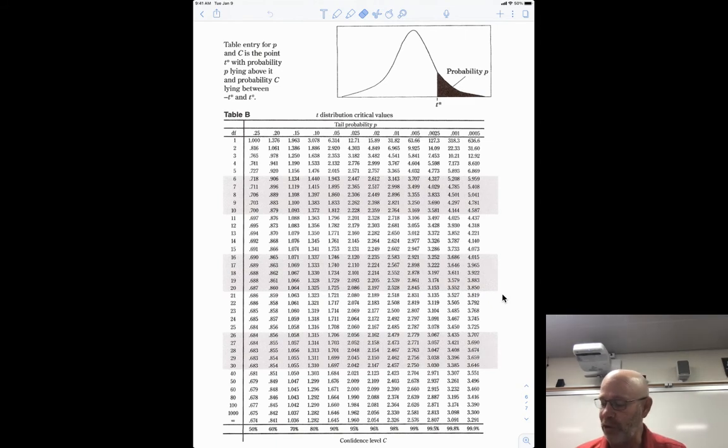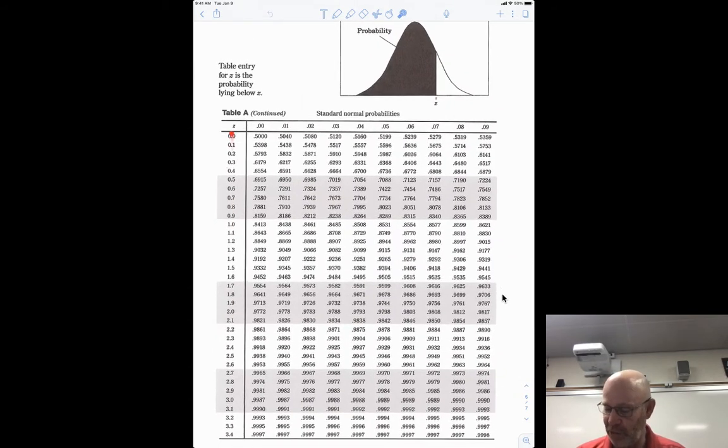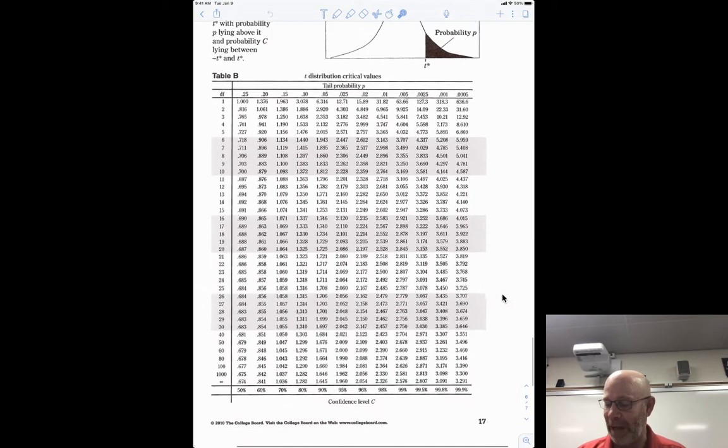First of all, it works a little differently. Notice that the area is over here on the right. On the Z distribution chart, you had your Z scores here and here for hundreds and thousands, and then the areas were here. Here it's backwards.